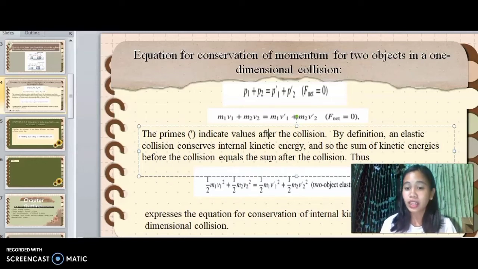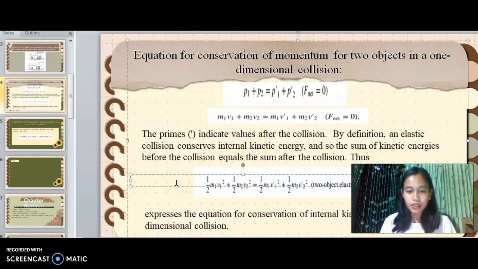So we need to remember that internal kinetic energy before and after should be equal. Since the kinetic energy formula is 1 half mv squared, it's going to be 1 half m1 v1 squared plus 1 half m2 v2 squared equals 1 half m1 v prime 1 squared plus 1 half m2 v prime 2 squared.